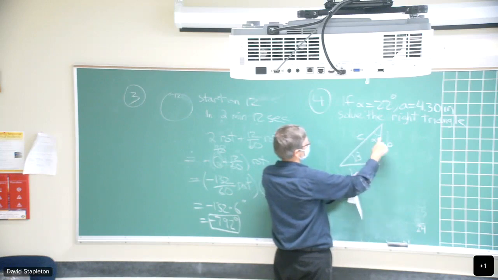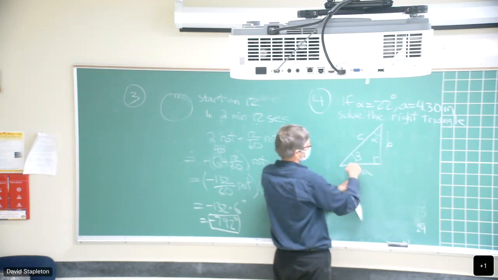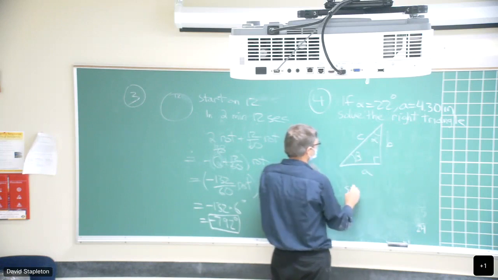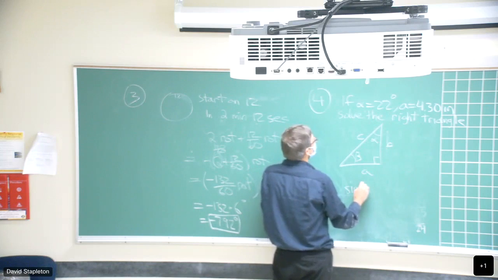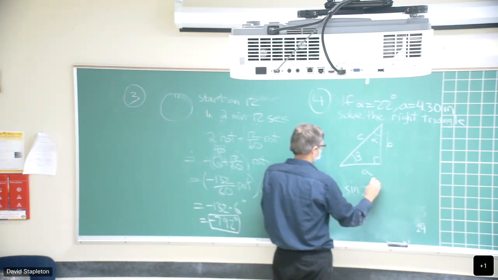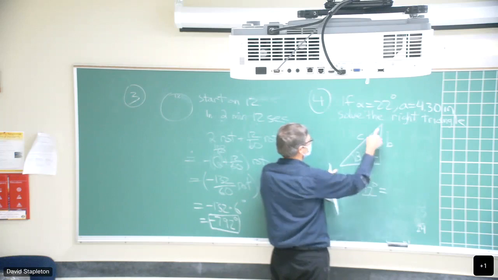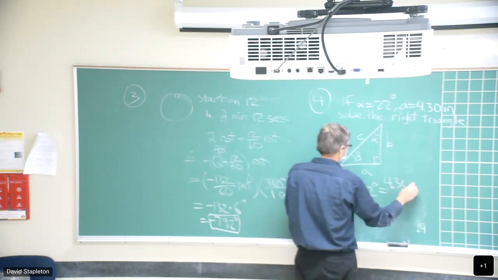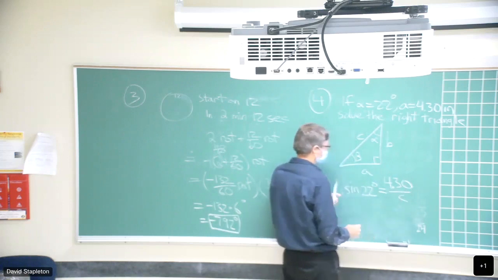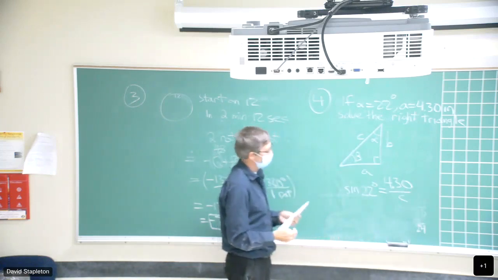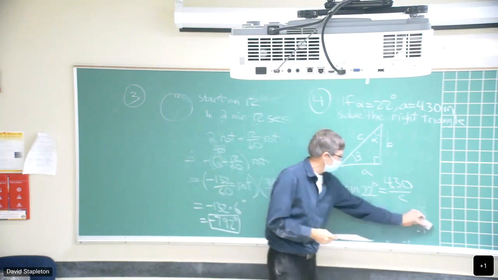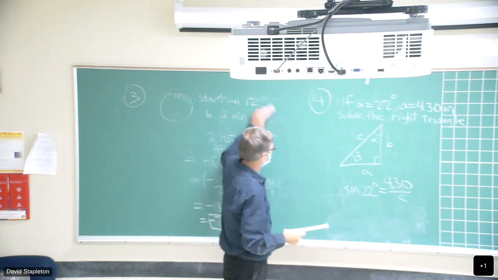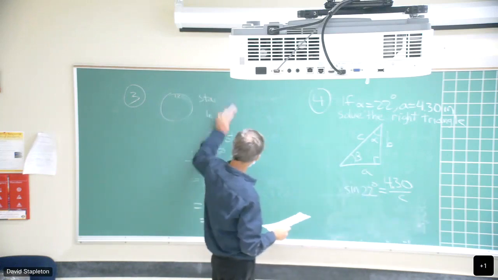Maybe I want to find the hypotenuse. A is the side opposite alpha, and with the hypotenuse, I want to use the sine. The sine of alpha, 22 degrees, would be A over C, which is 4.30 over C. You could also use cosecant. It relates these 3, but cosecant isn't on your calculator face, so you're going to have to change it to sine sooner or later anyway.